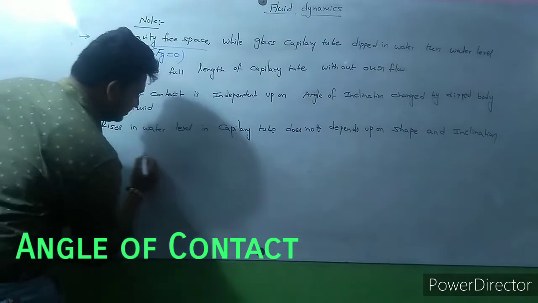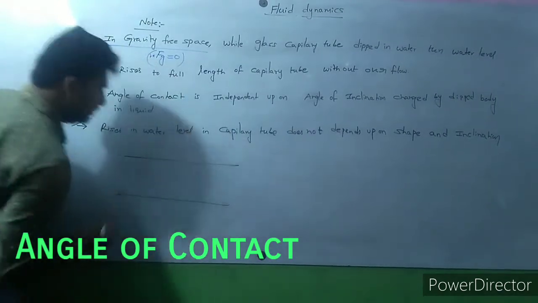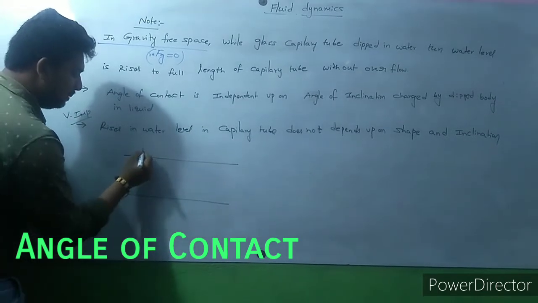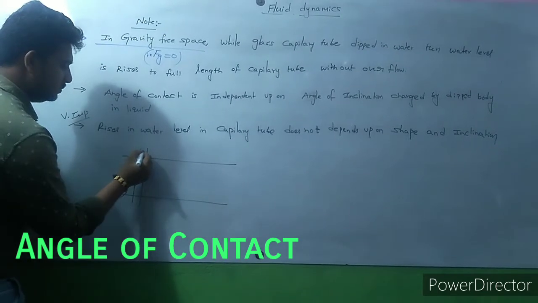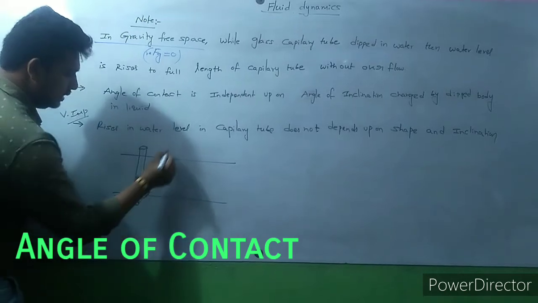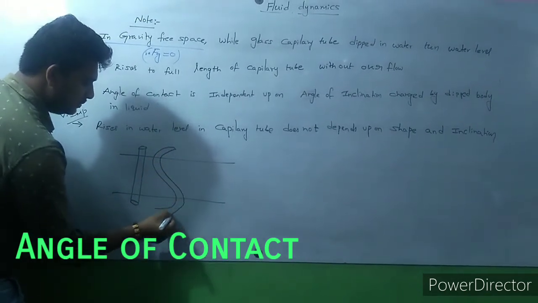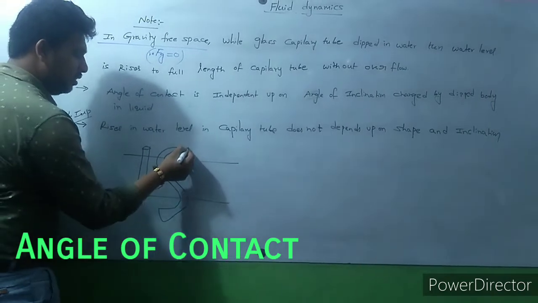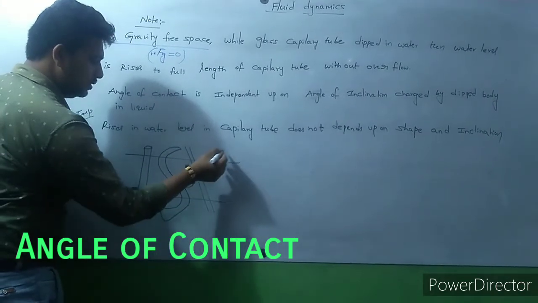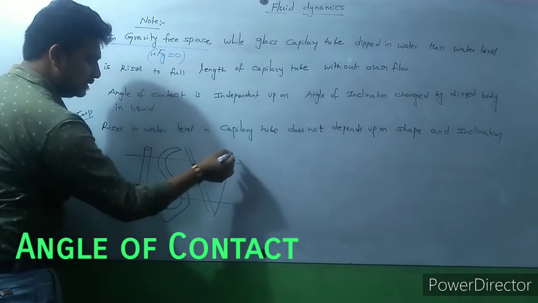For example, here I put one capillary tube like this. This is one capillary tube, this is another capillary tube, this is another capillary tube.